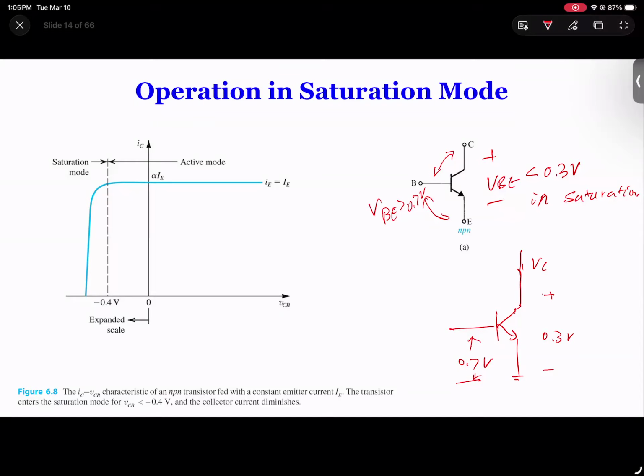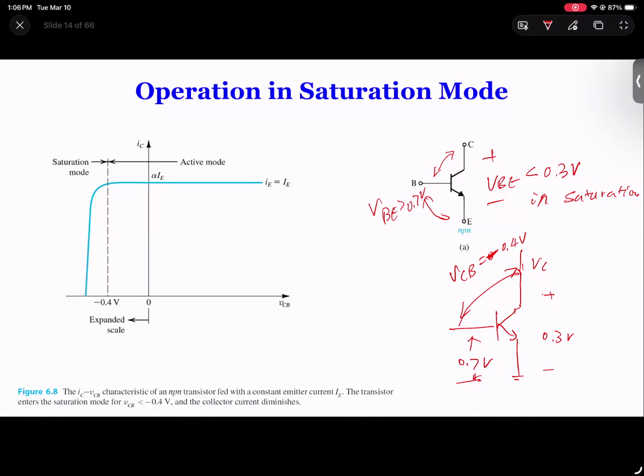So from A to B, VCB is actually 0, here to here is minus 0.4. So that's how we push this expression here.